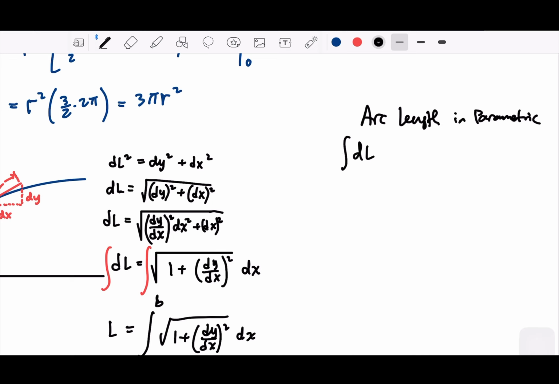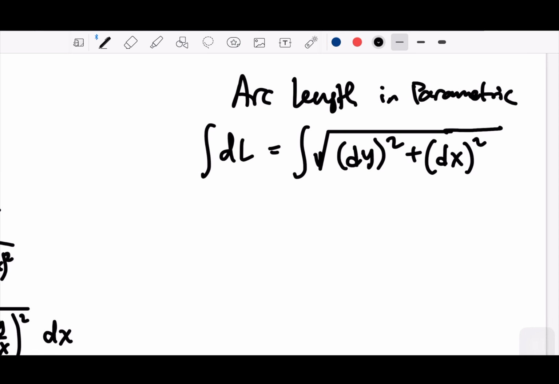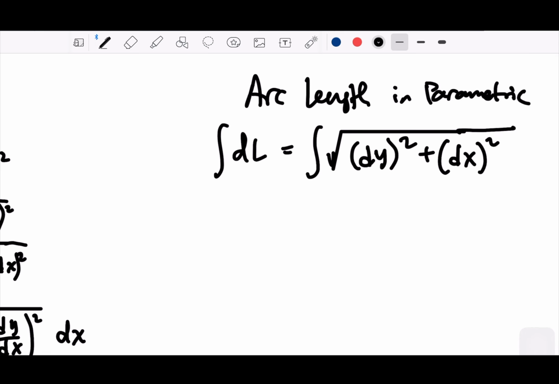Let's say we start from dl, and we also start from the same thing as in the original arc length. This is start from, let's say, dy squared plus dx squared. Let's start from here. Because y and x are also functions of t, right?